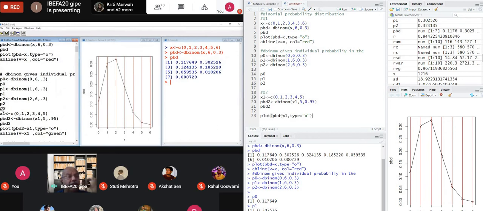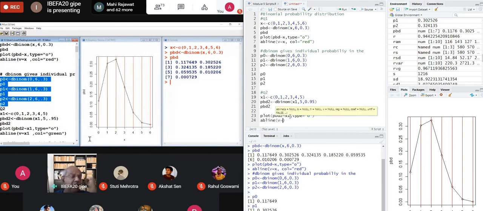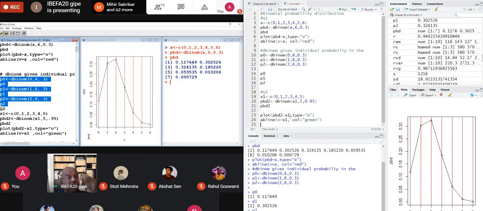P0 for X is equal to 0, P1 for X is equal to 1, P2 for X is equal to 2, and the function is dbinom, exact probabilities.